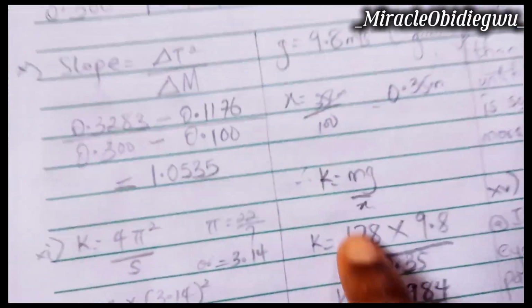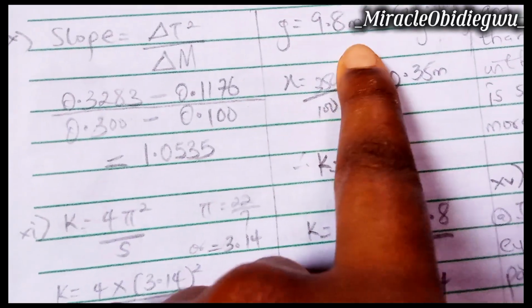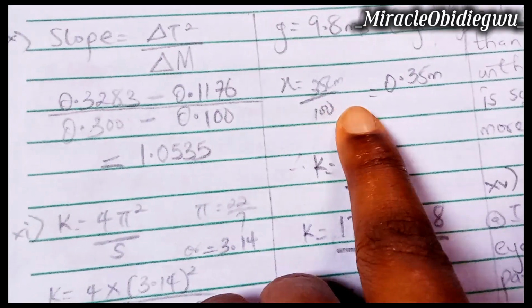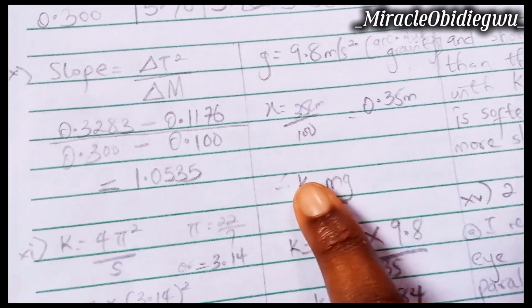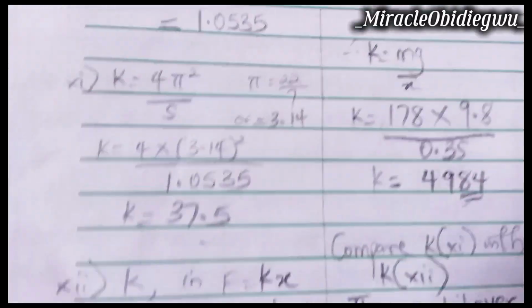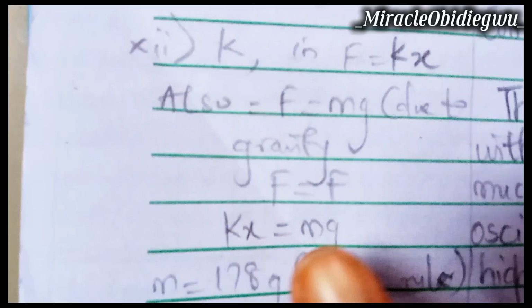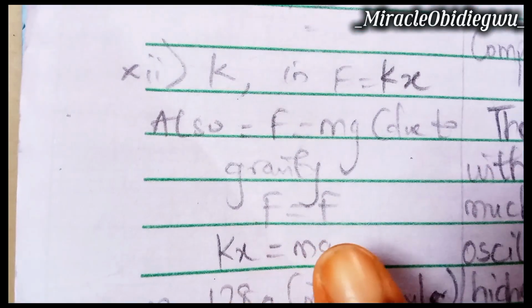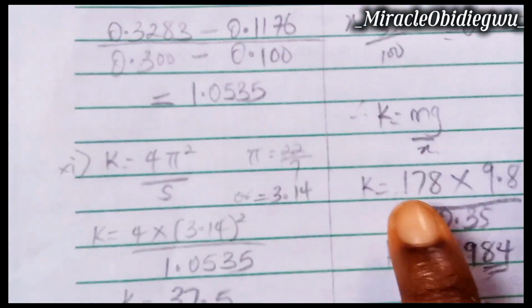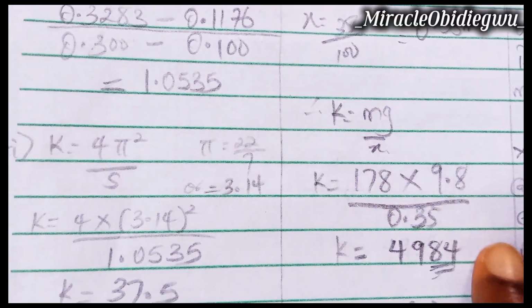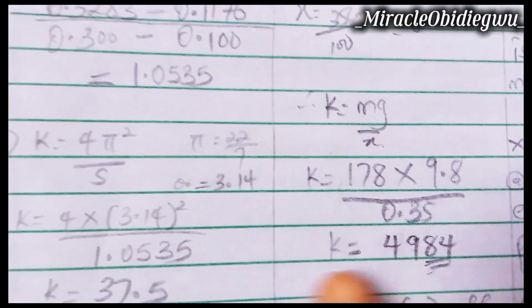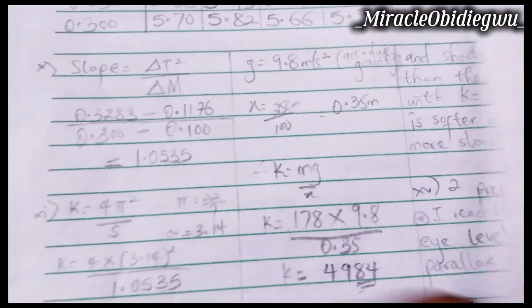Changing it to meters because we are working with meters, 35 centimeters divided by 100 gives us 0.35 meter. This formula is gotten by making k the subject of the formula: mg over x. So mg over x gives us 178 times 9.8 all over 0.35. That is going to give us our k, right?